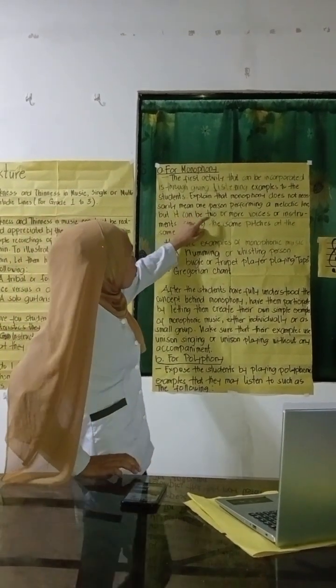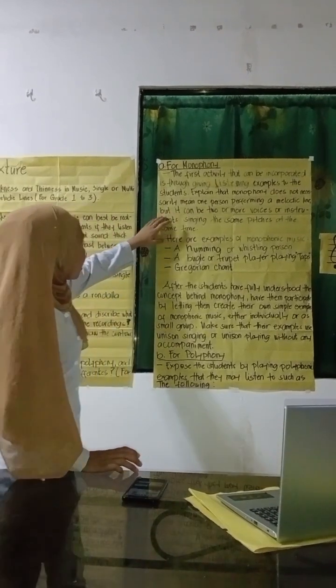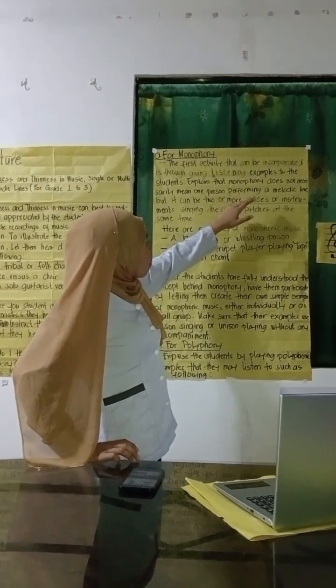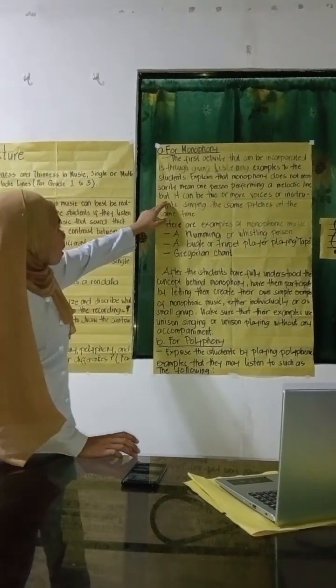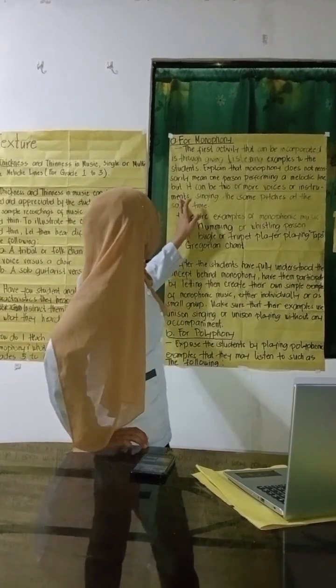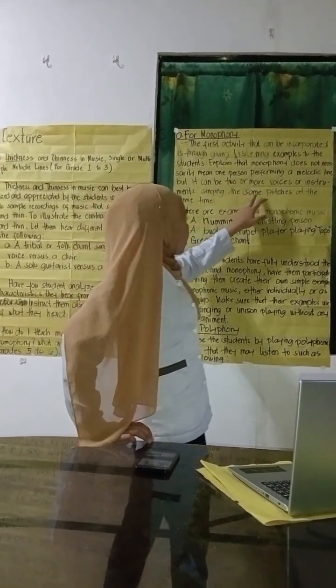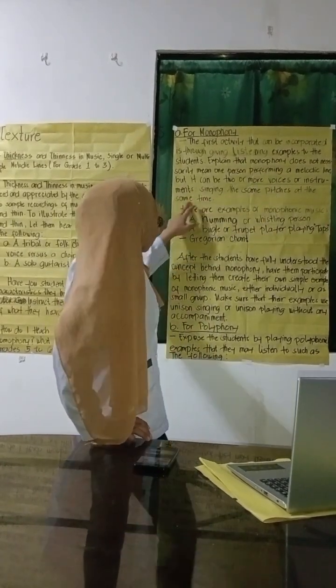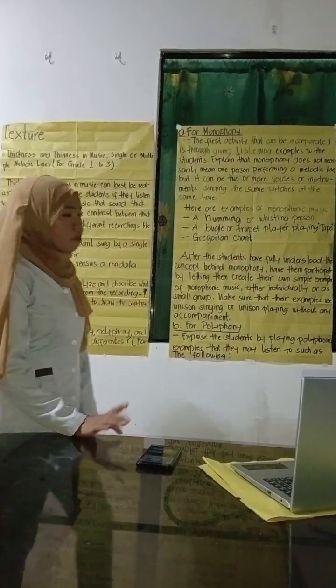Explain that monophony does not necessarily mean one person performing a melodic line, but it can be 2 or more voices or instruments singing the same pitches at the same time.